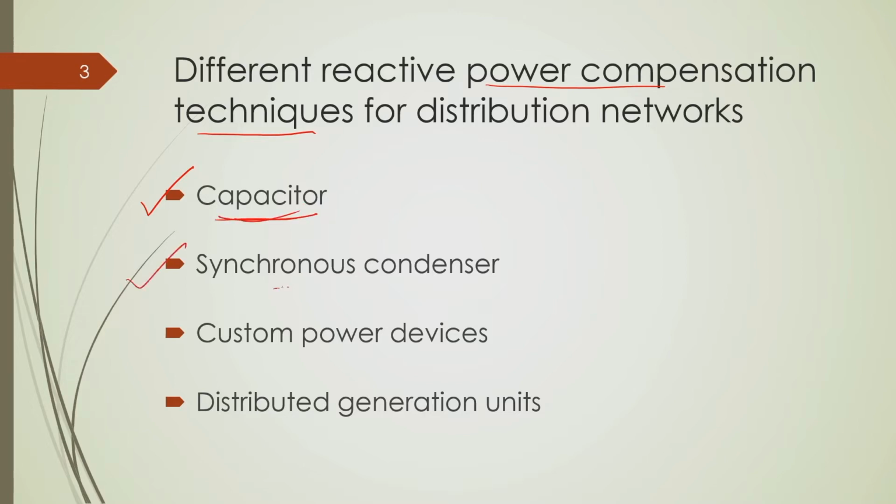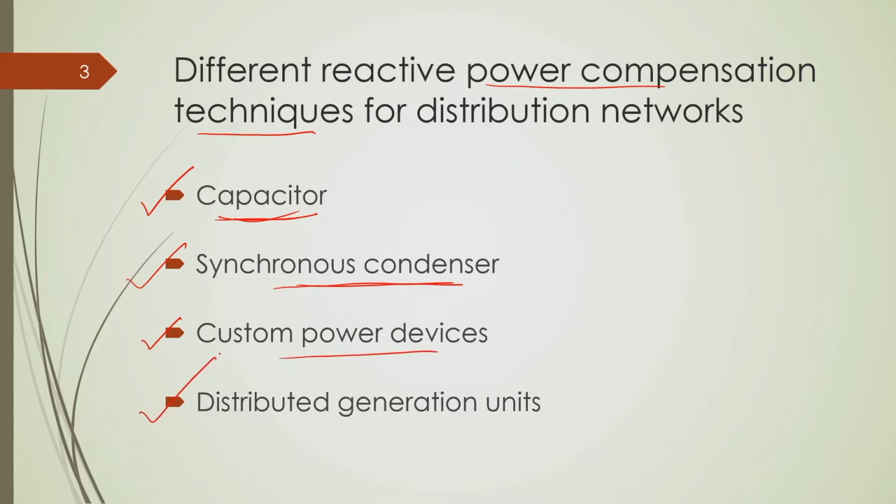A synchronous condenser, or a synchronous motor under a specific type of operation, can also provide reactive power. Similarly, there are some power electronics based devices which are usually used for reactive power compensation in distribution networks. They are called custom power devices.